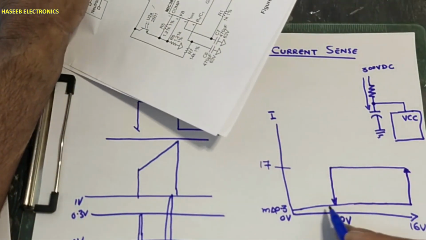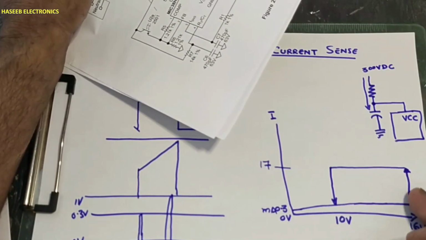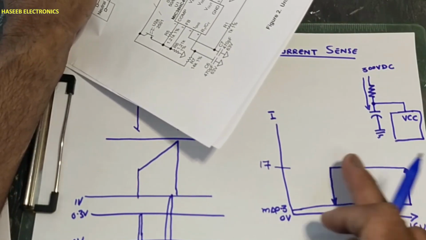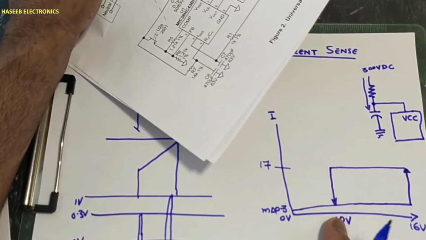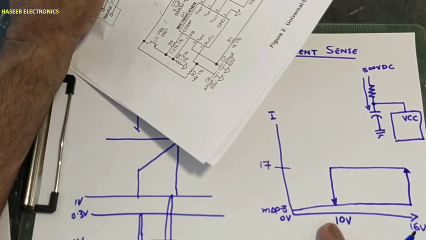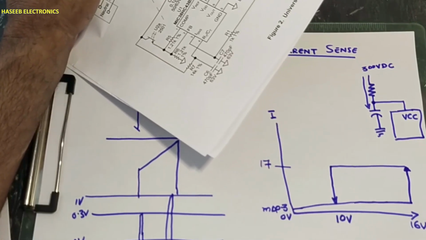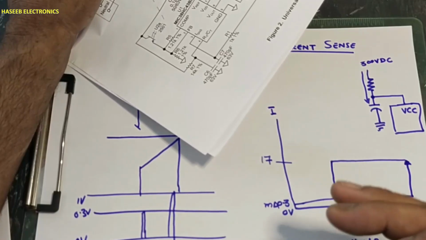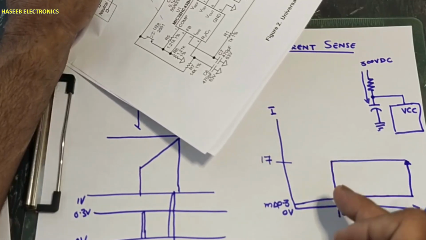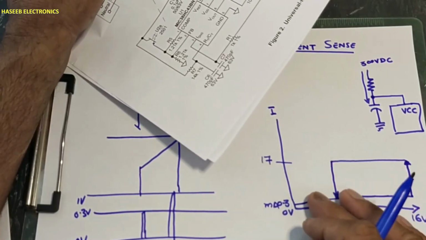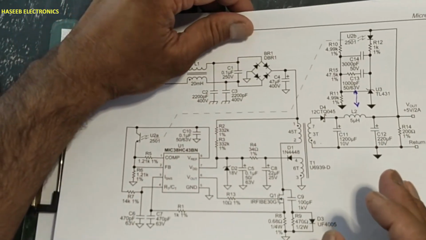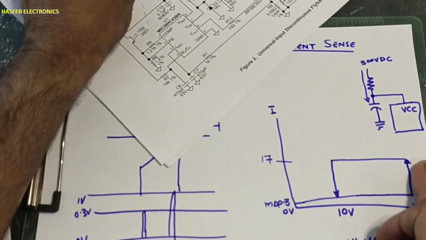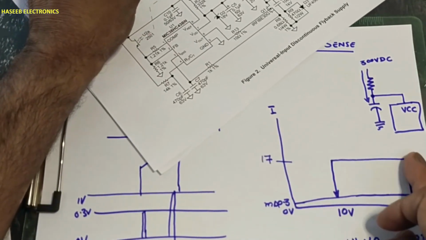It will utilize maximum duty cycle and the voltage will drop at the VCC pin to the UVLO, under voltage lockout threshold. When the VCC pin drops below this threshold, the IC will turn off and wait until the voltage reaches this level again.